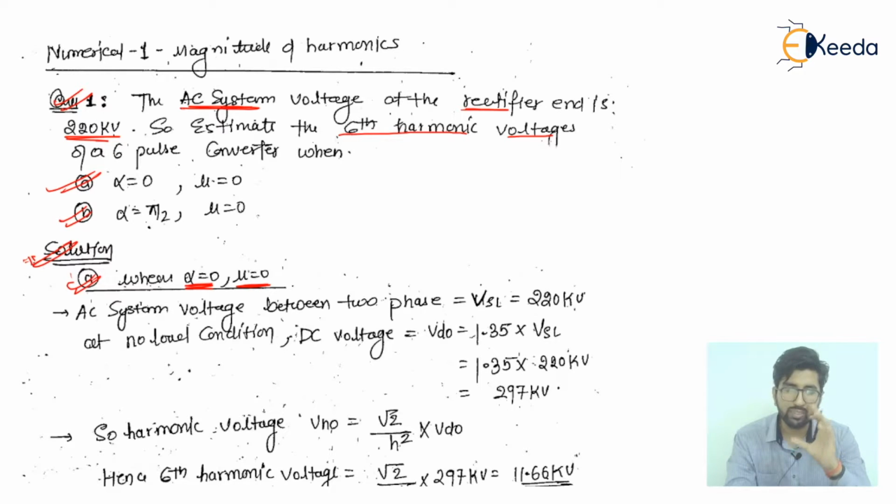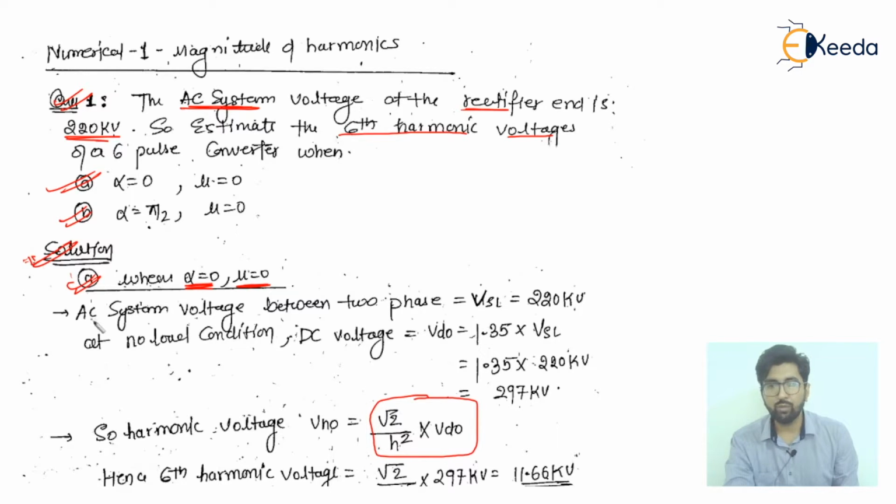Now we will use case number 1, and its formula is root 2 upon h square into Vd naught. The AC system voltage between the two phases is VSL, that is 220 kilovolt. Now you have to find Vd naught, the no load condition DC voltage.